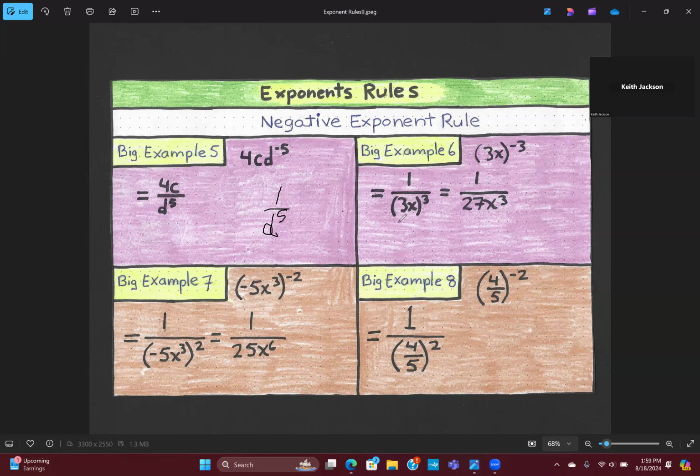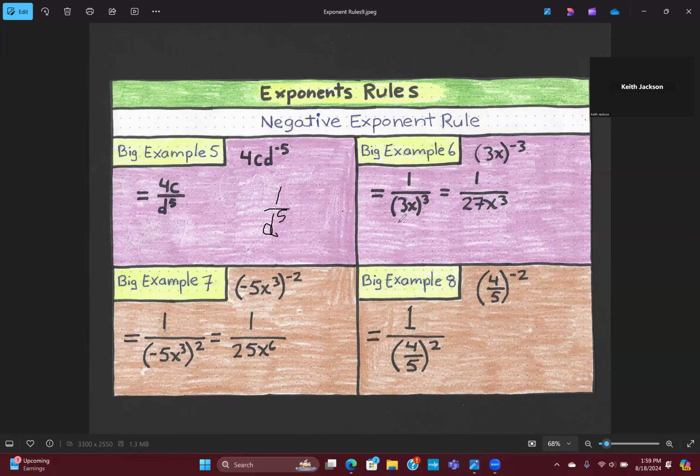And so this is why in this case we have 4c still in the numerator, and we have d to the fifth power in the denominator because we have 1 over d to the fifth power, and this operates the same way, and that is why our answer is 4c over d to the fifth power.